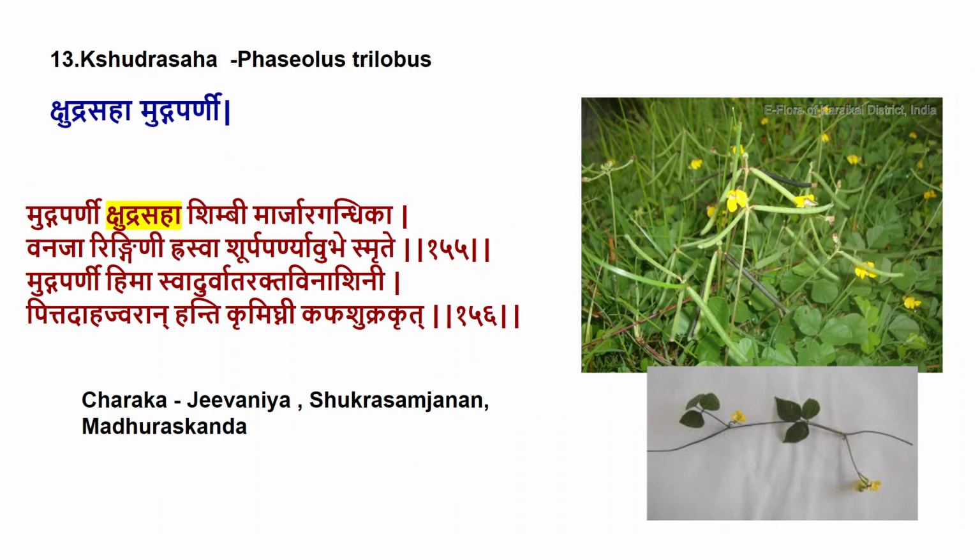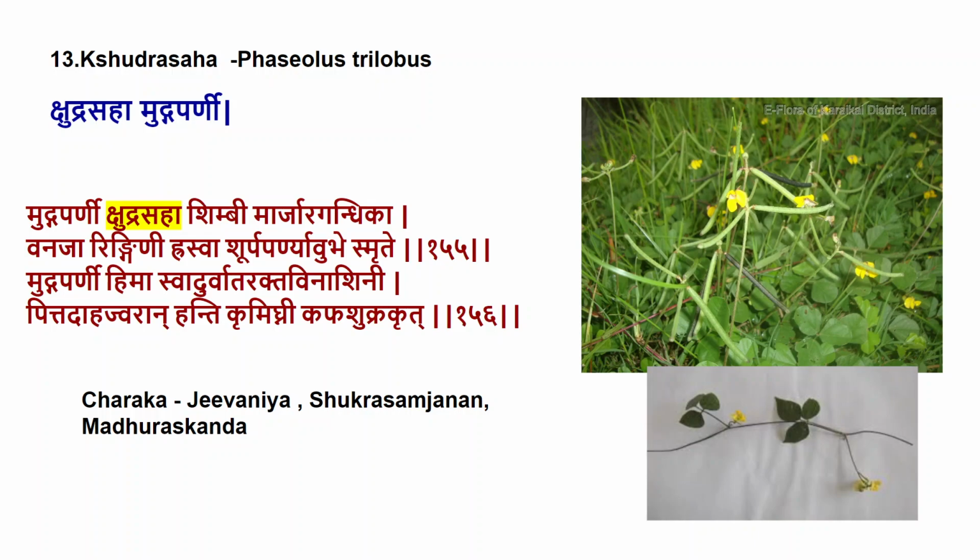Kshudra Saha is a variety of the Mahasaha, which is also named as Mudgaparni according to Dalhana. It's Phaseolus trilobus. Mudgaparni, Kshudra Saha, Shimbi, Margaragantika, Vanaja, Ringini, Shutswa, Shubparni, Abrubhe Smute. These are the synonyms of Mudgaparni.